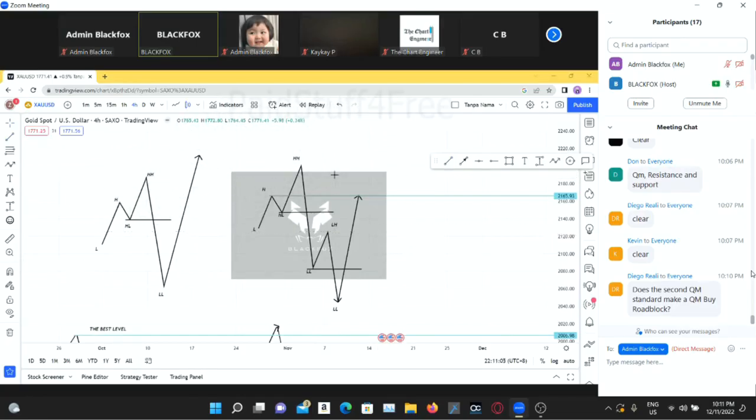Is that clear? Does the second QM standard make a QM by roadblock? What does that mean? Diego, can you rephrase your question, please?